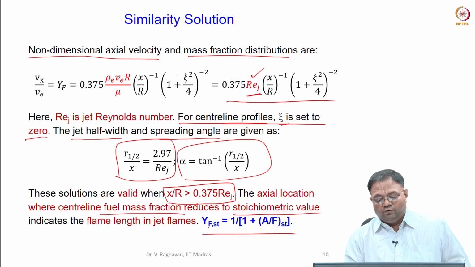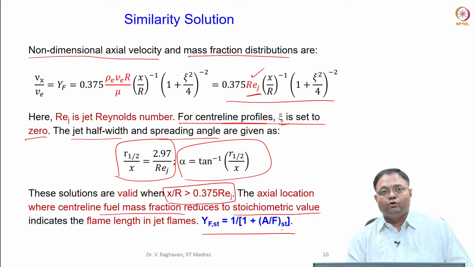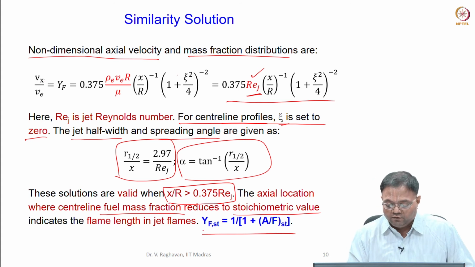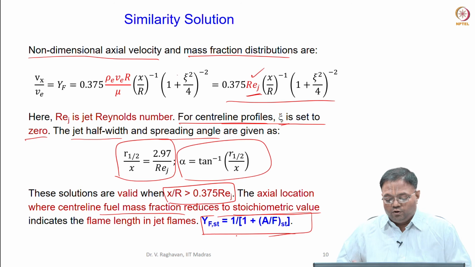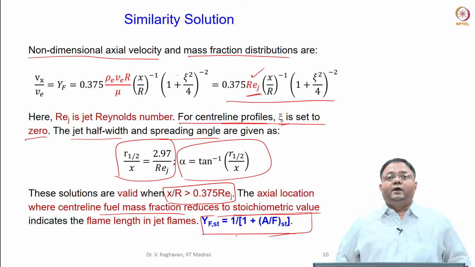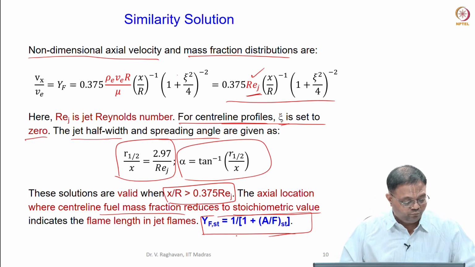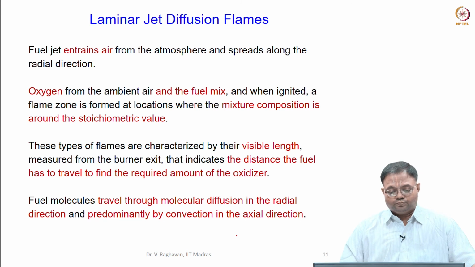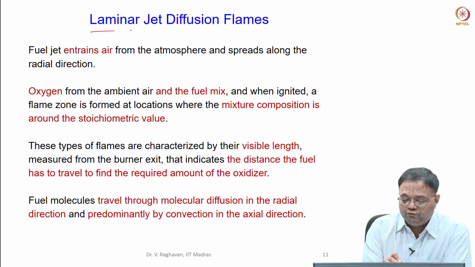That is nothing but 1 divided by 1 plus the stoichiometric air fuel ratio. The inverse of that will give you the stoichiometric value of Yf. If you trace that, basically you will get the flame profile. Laminar jet diffusion flames.